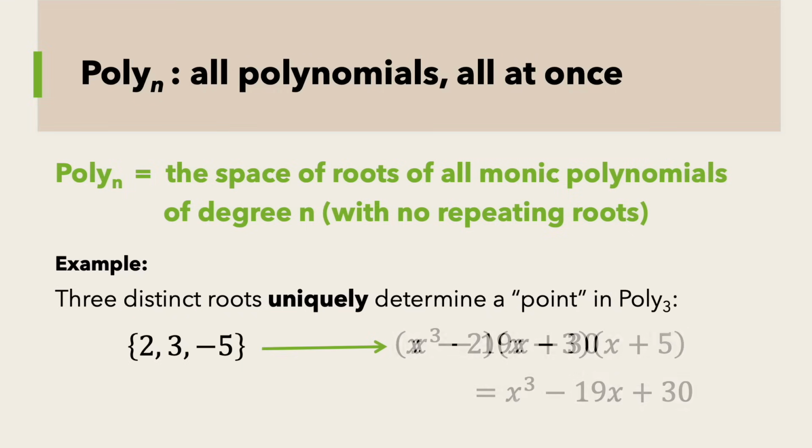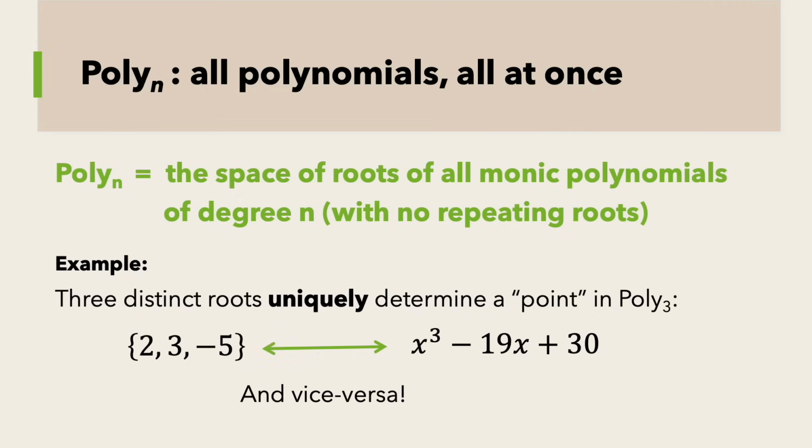And the point is that we get a uniquely determined monic polynomial. And it goes the other way, because the fundamental theorem of algebra tells us that unless I'm in one of those singular situations, I'm going to get 3 distinct roots. Okay?